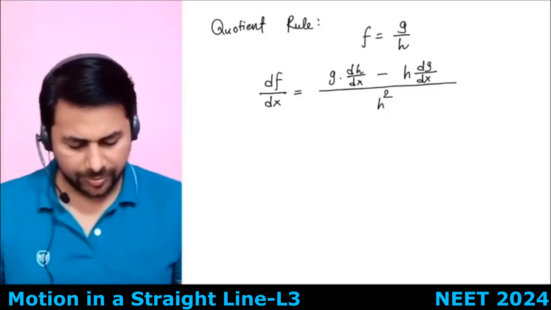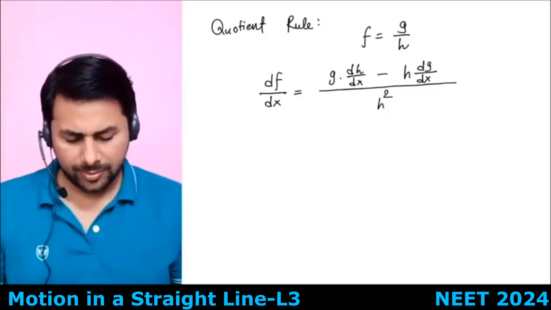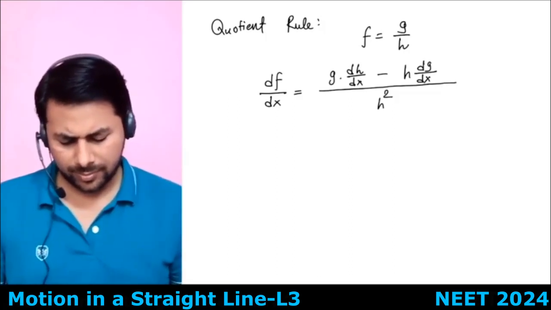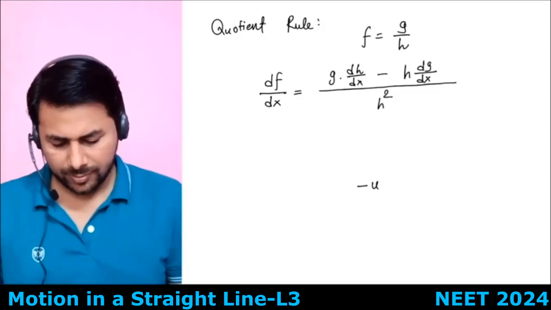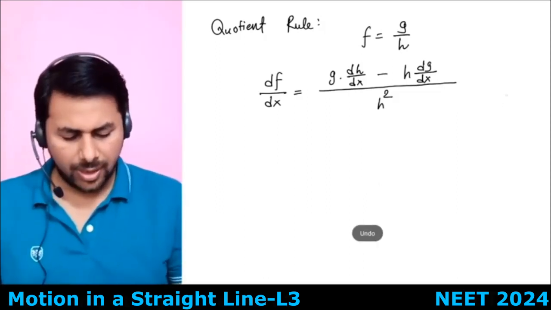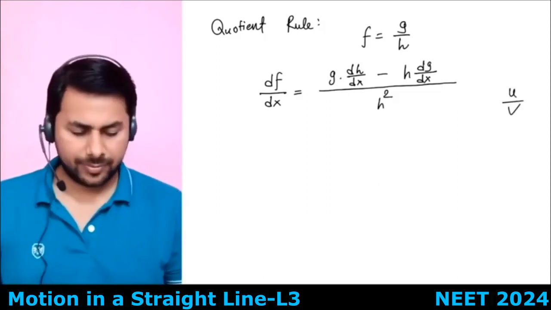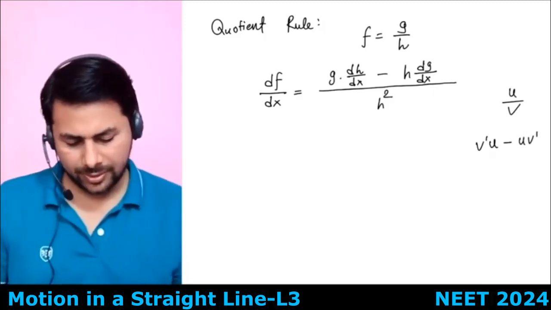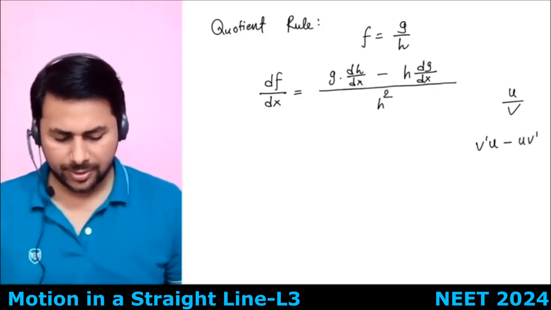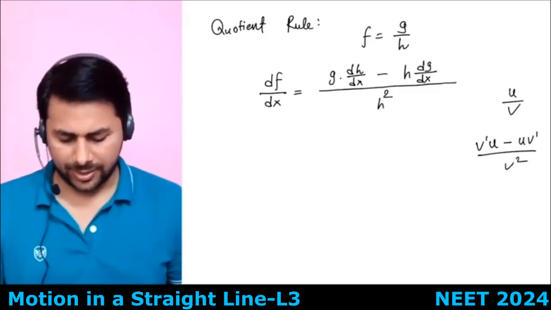In the formula, v dash u minus u v dash, sir. You have u upon v, v dash u minus u v dash, divided by v square. So this is correct.